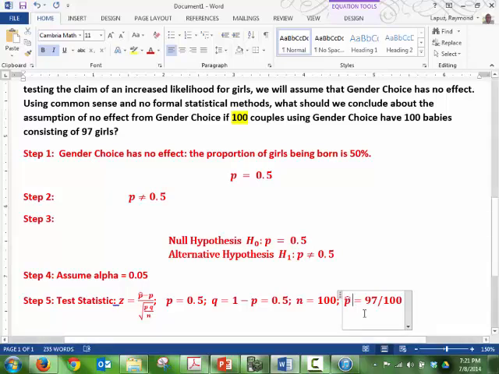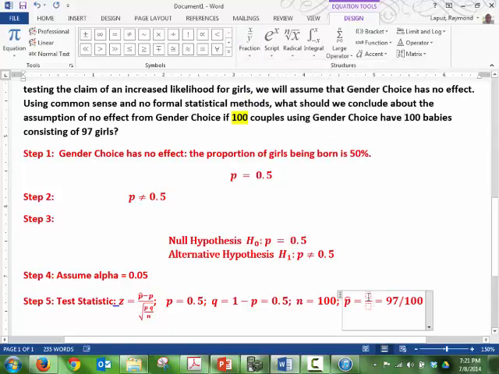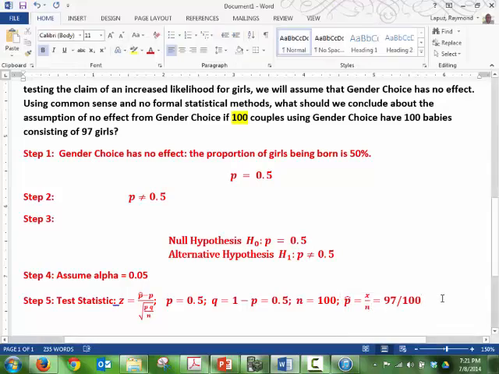Just to be absolutely clear about this, it's based on the idea of the binomial probability. This is the number of successes that you're looking for. So X is the number of successes that you found in your sample. And in this particular scenario, a success is having a girl.